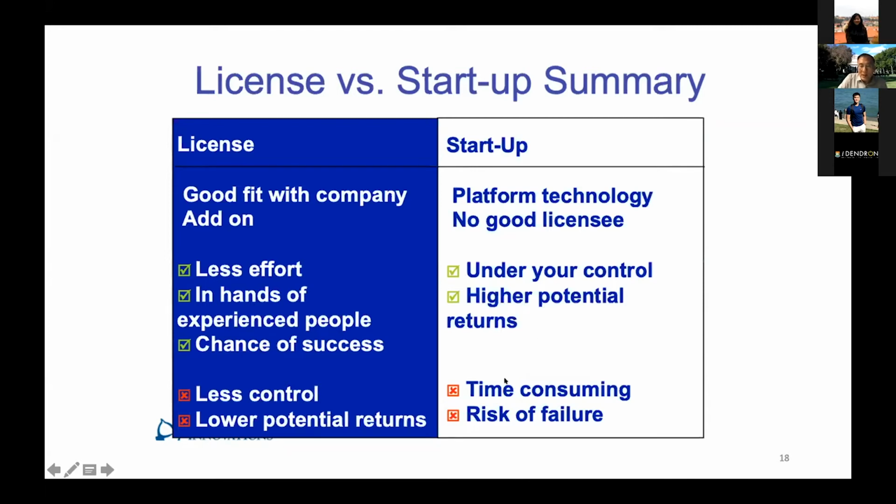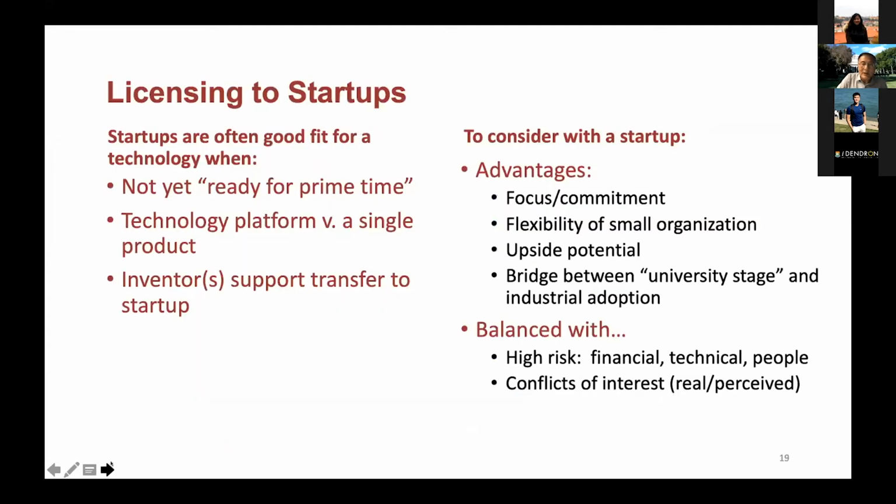The shortcoming could be that it is time consuming, especially for the startup core team, right? And also there's a risk of failure. We know 10% versus 90%, right? That's the general practice.